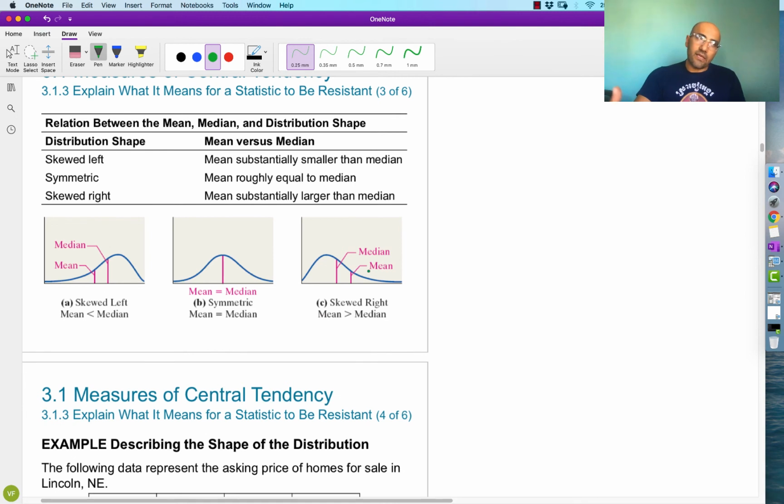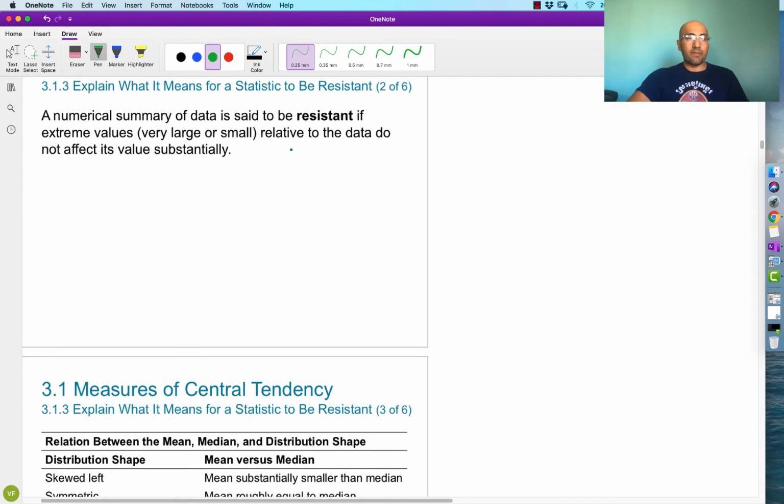Between Bill Gates and our faculty, our mean salary is probably about $10 million a year, something like that, just because his salary is so huge compared to us. On the other hand, if we consider the median, then the fact that we tossed in his number is not going to impact things as much, right? Just based on how we calculate the median. Okay, so that's what this means. So the median is a characteristic that's more resistant to outliers, right? Going back to this definition, resistance.